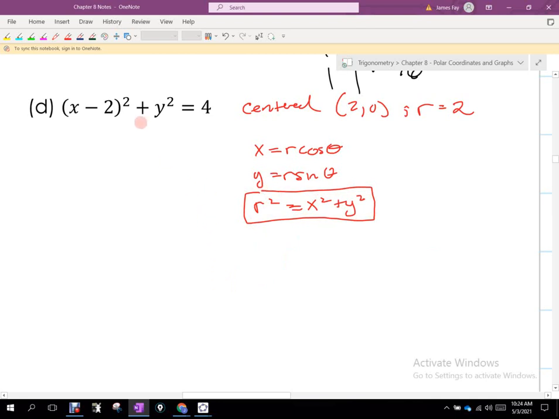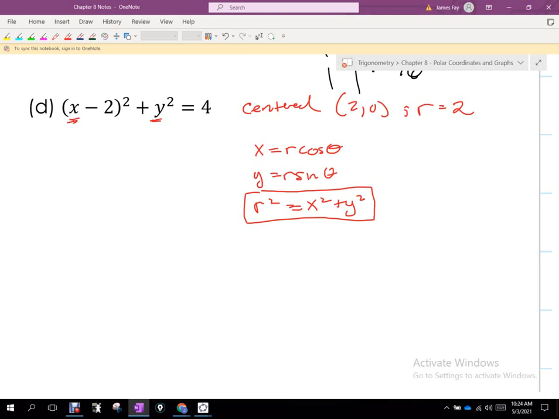substitution, because right here I'm seeing a y squared and eventually an x squared, right? You can make the substitutions right now. You can say, okay, I'm going to replace that x with r cosine theta, replace that y with r sine theta, and then square things. It works. It's fine. I don't like doing it that way.